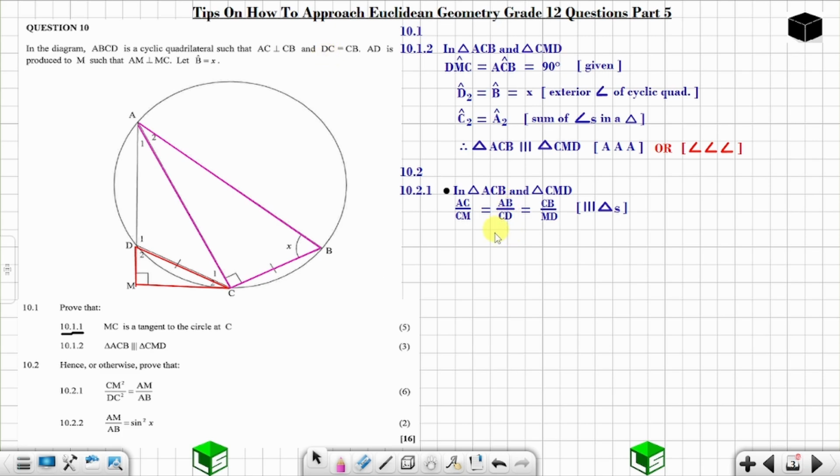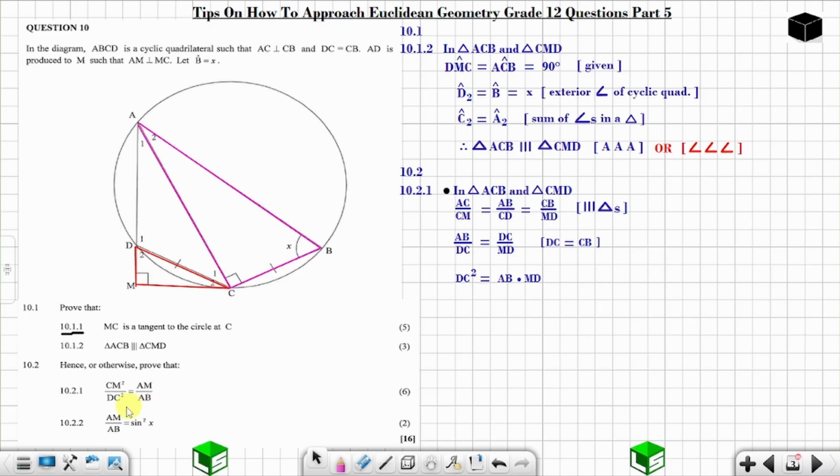So you have AB over DC, equal to, instead of CB, you write DC over MD. Why do you substitute DC in the place of CB? Because DC is equal to CB. Now you can do cross multiplication. DC times DC, you have DC squared equal to AB times MD.